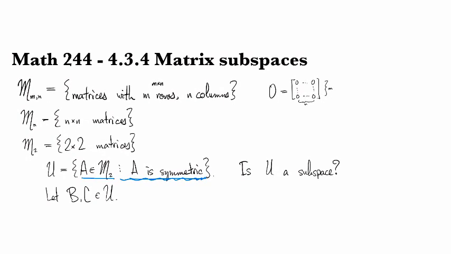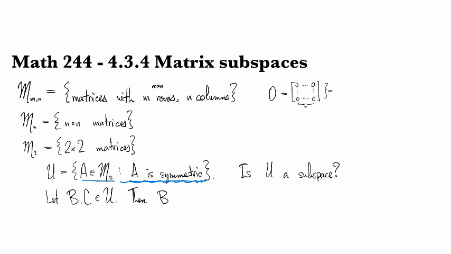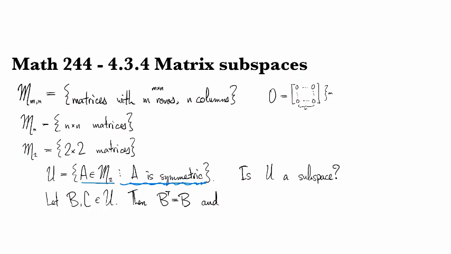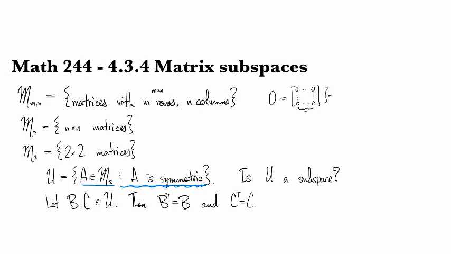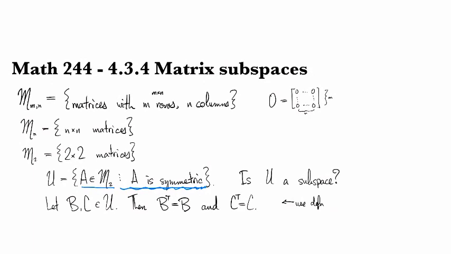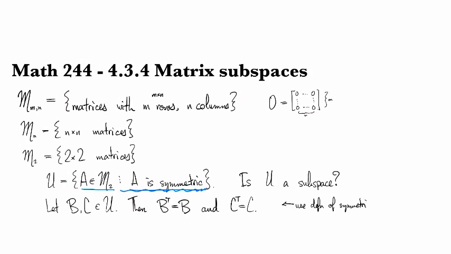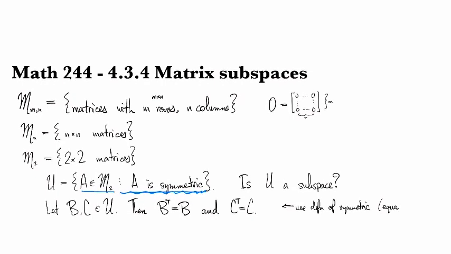So if we choose two things from here, then they both have this criterion. So B is symmetric and C is symmetric. Now at this point I'm using the definition so that I can write down what it means as an equality, an equation.